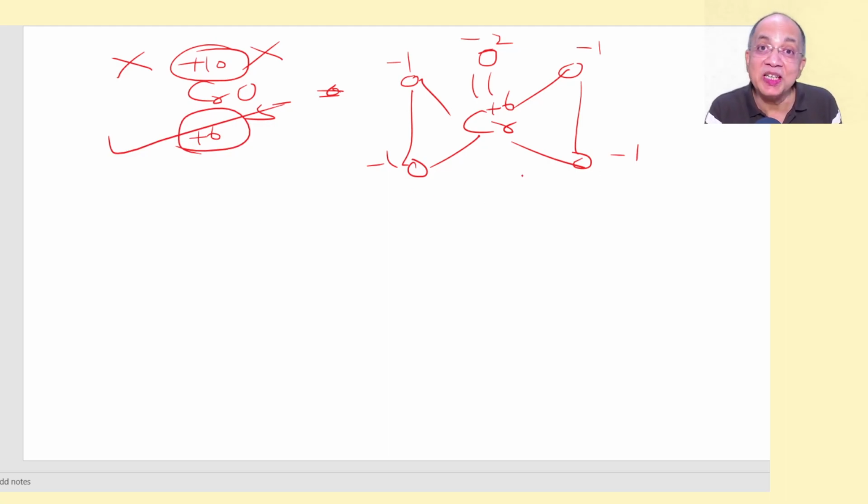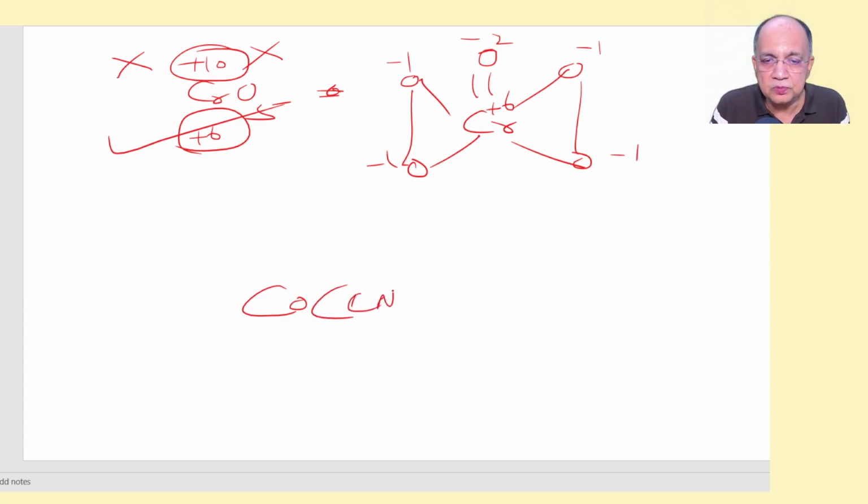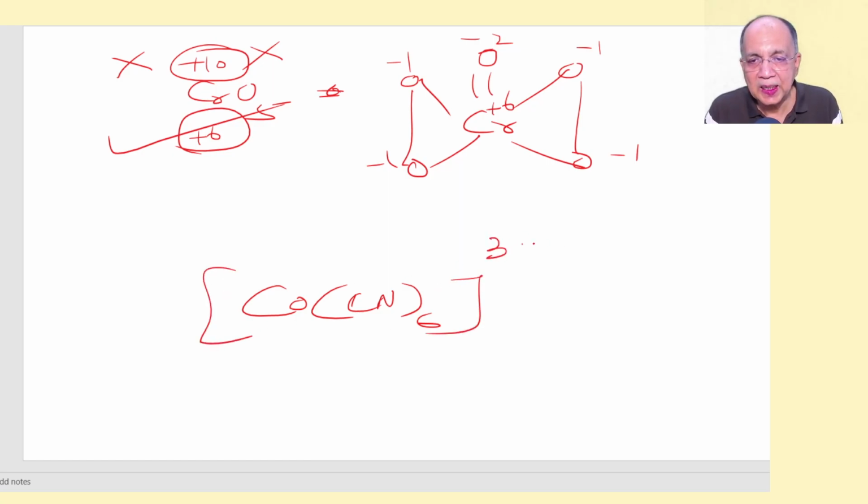Now see how interesting it is, if you do not know the actual structure. For example, you are dealing with a complex compound, and you are asked to find out the oxidation number of cobalt.